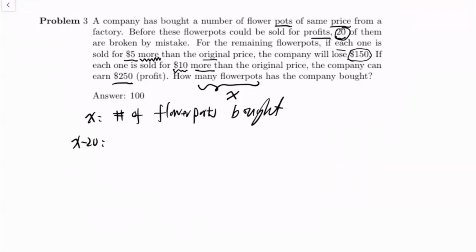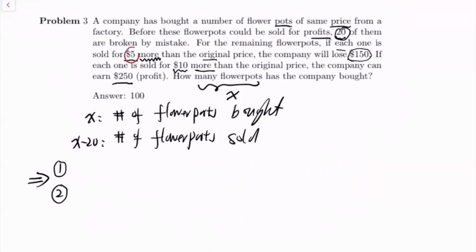Then X minus 20 will be the number of flower pots able to be sold. If so, we get two equations. Equation 1: if it's $5 more than the original price, so if these X minus 20 are sold for the original price, regardless of what it is.